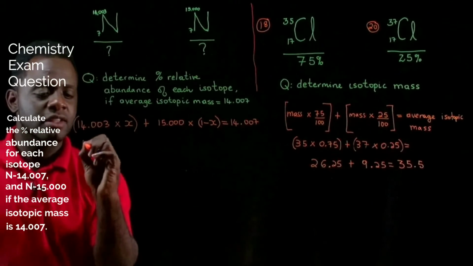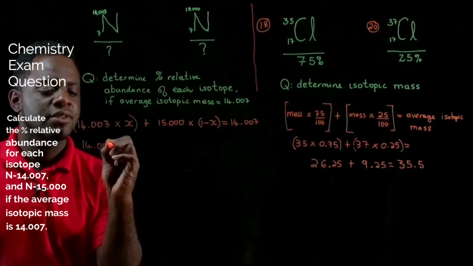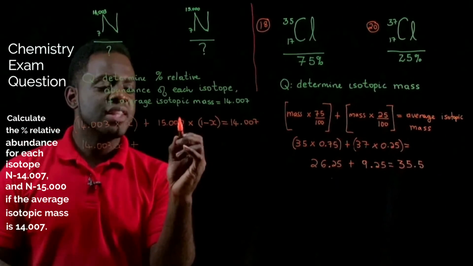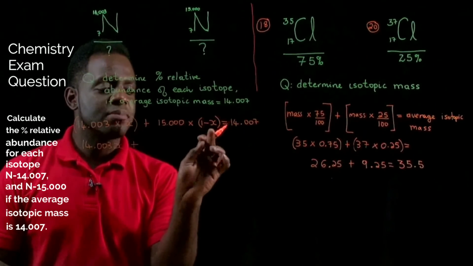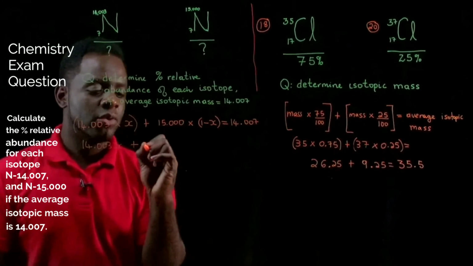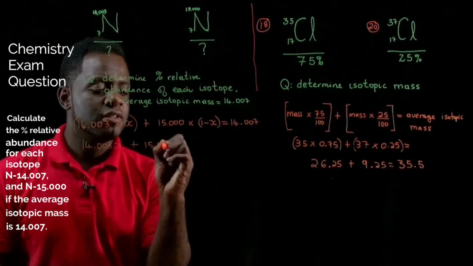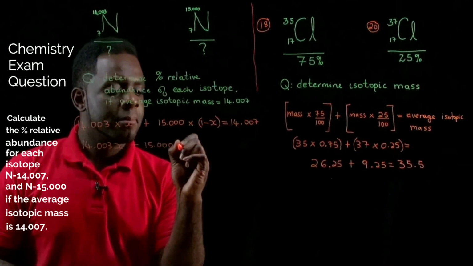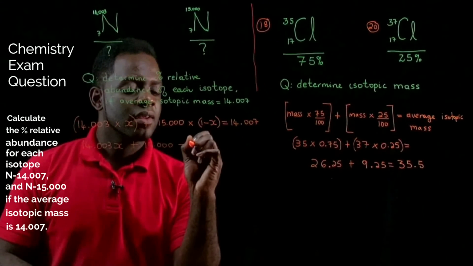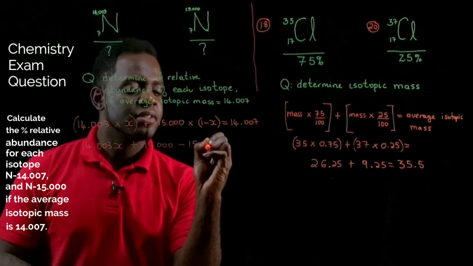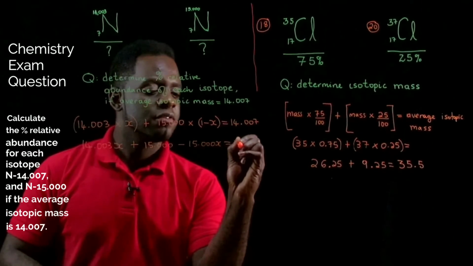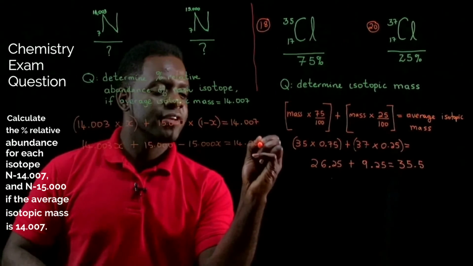This here is 14.003x, and we will use the distributive law to expand this bracket here. So that will be 15 minus 15.000x equals 14.007.